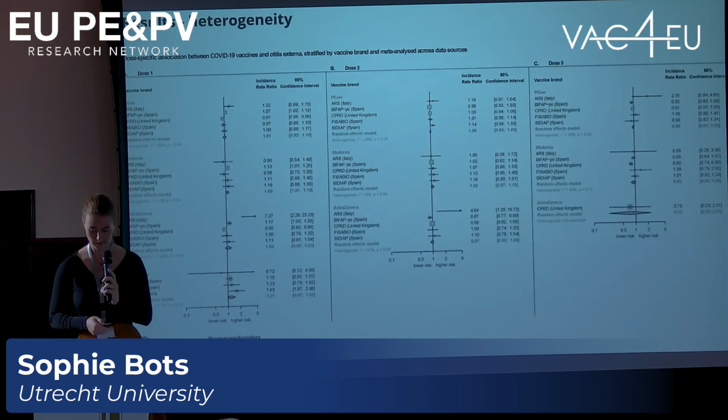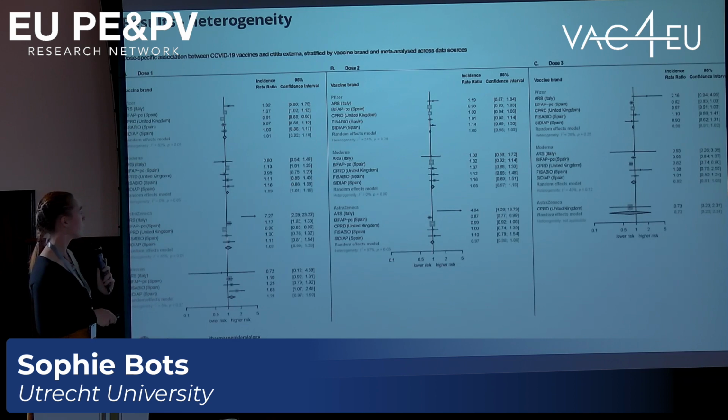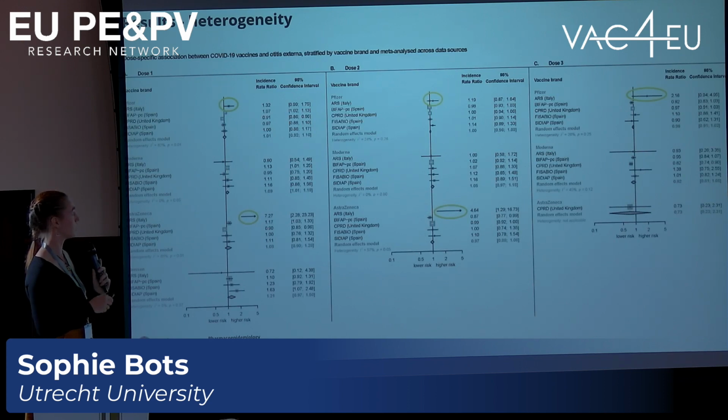Another thing that we did see, which was very interesting, is that if you looked at the effect by the different databases, in ARS, the Italian data, we did find for the otitis an association that was a bit more extreme than the other databases.